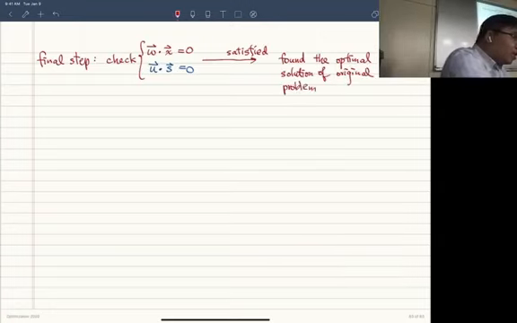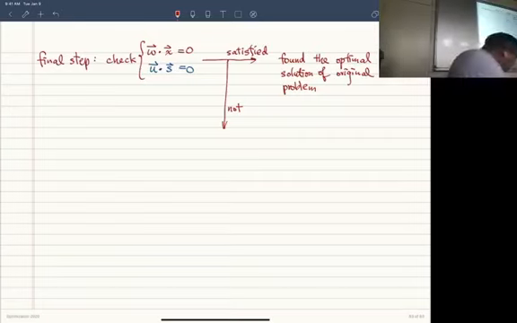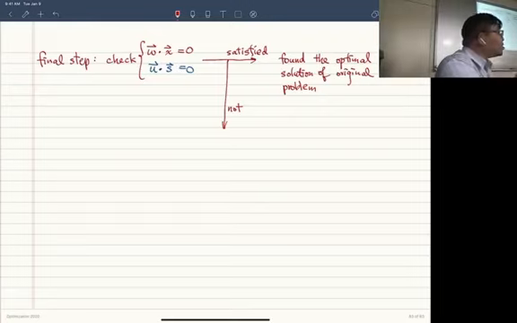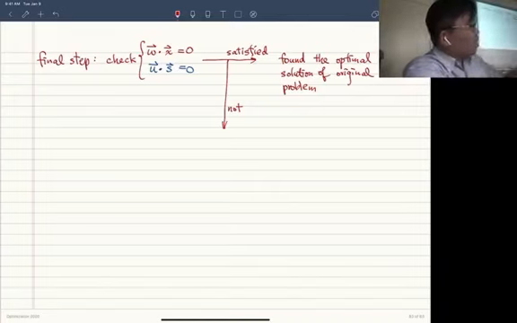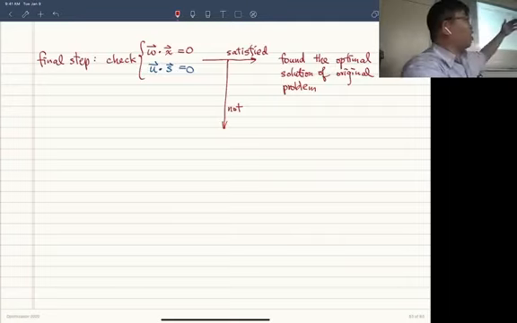Okay? But what if it's not satisfied? What if it's not satisfied? Then we cannot guarantee the solution is the optimal. Since when we start from the very beginning of the problem, we use a lot of approximations.